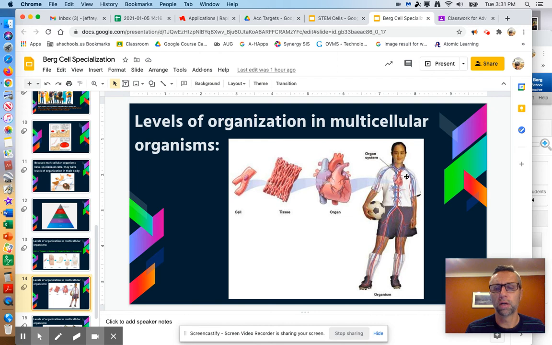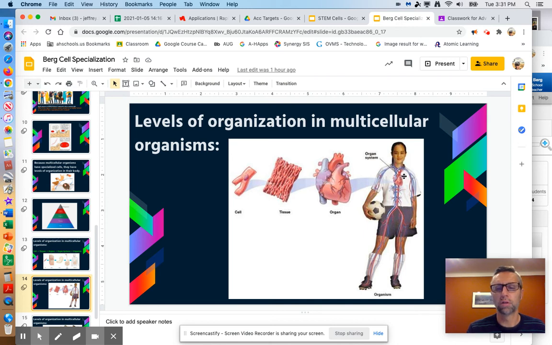And then if we look at the soccer player here, the soccer player has your heart, but the soccer player also has the whole circulatory system, which is your heart and your veins and your arteries and your capillaries and your blood all working together to deliver oxygen and nutrients all around your body.